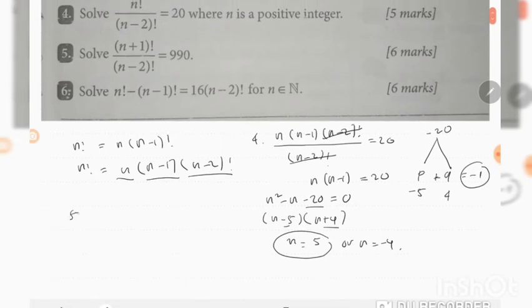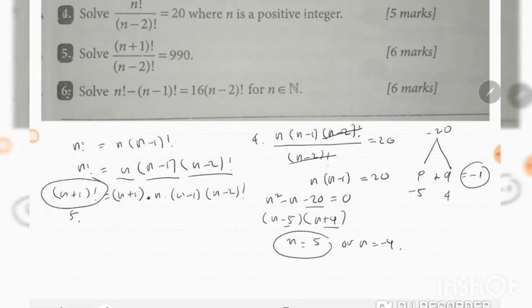Now question number 5, n plus 1 factorial over n minus 2 factorial. Remember, when you have n plus 1 factorial, you can write it as n plus 1 times n times n minus 1 times n minus 2 factorial.